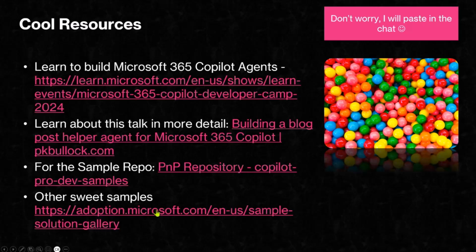I've got a few blog posts, and again the sample repository I was talking about, that's Bob German. There's loads of other dev samples in there as well. Frank released one recently, which I'm reading through. Super cool. So there is some great stuff in that repository, and of course the Microsoft adoption site as well has got sample solution galleries for everything else.